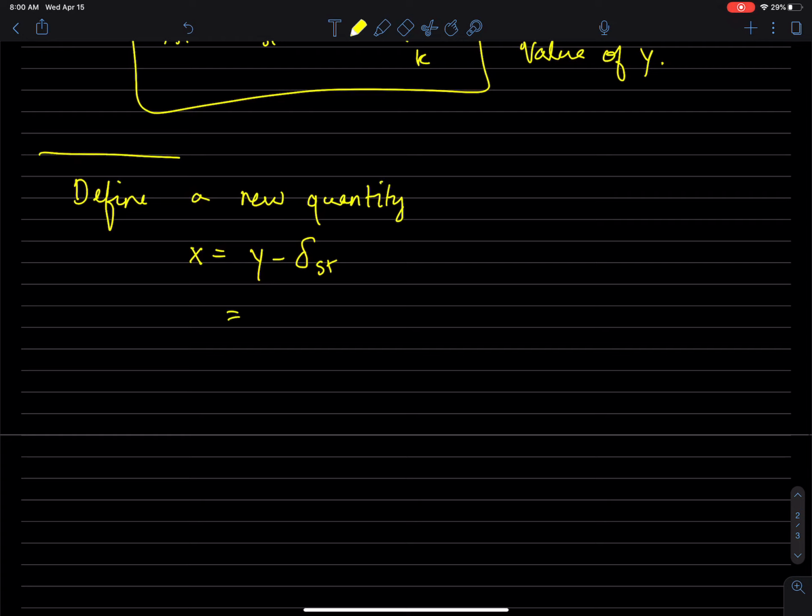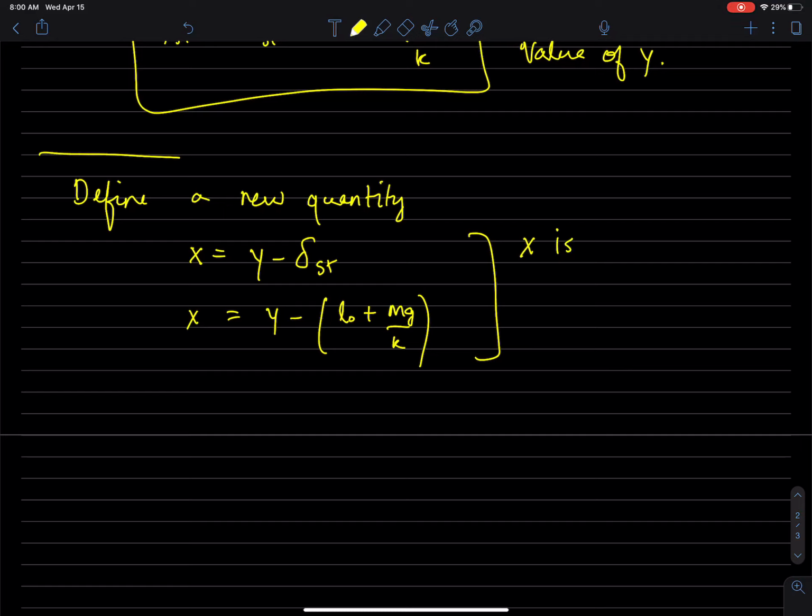So basically y minus L naught plus mg over k. Okay, so basically you're defining x as, note that x does not mean horizontal position anymore. It means this other thing.